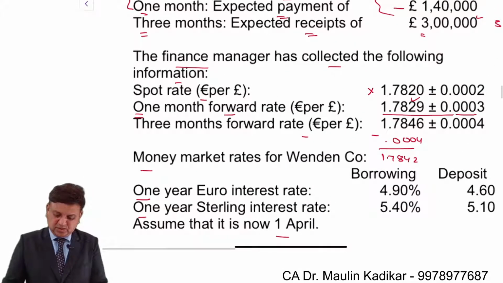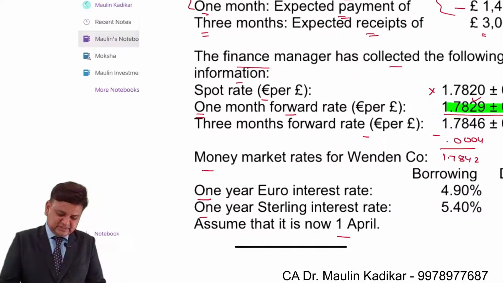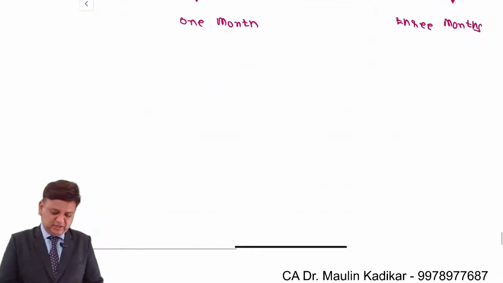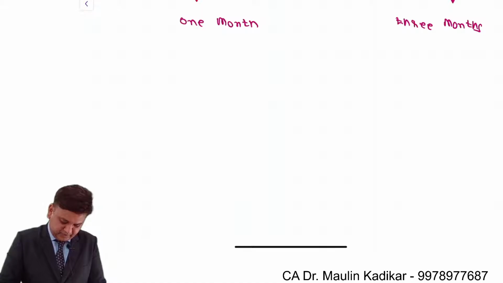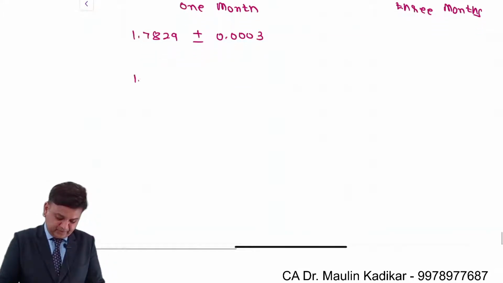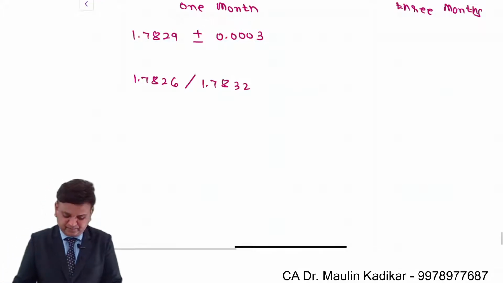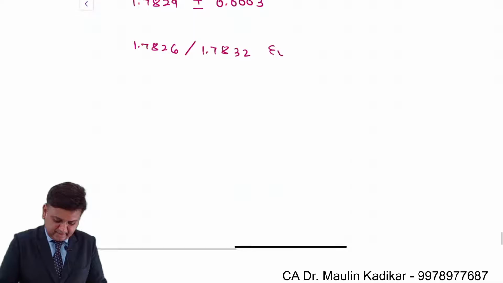For 1 month, we have been provided with the rate 1.7829 plus minus 0.0003. So we will have 1.7826 slash 1.7832 euro per pound.